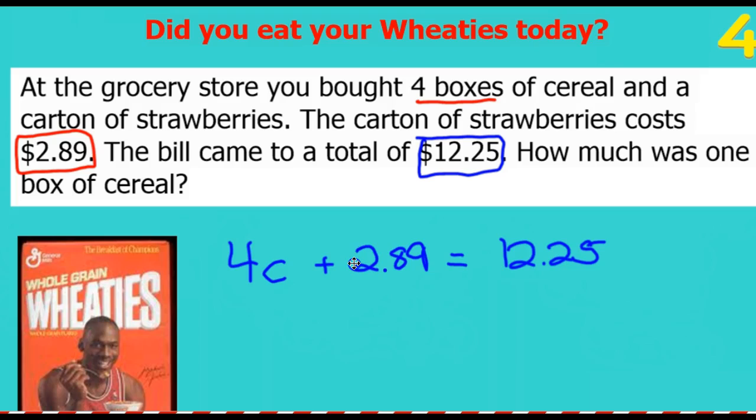So the first thing I need to do, get rid of addition and subtraction. I can subtract 2.89.